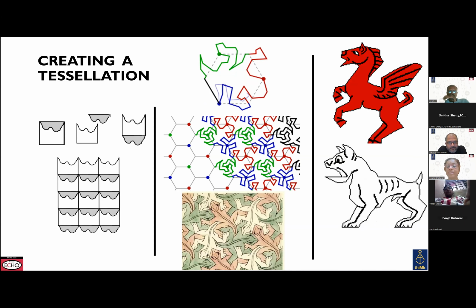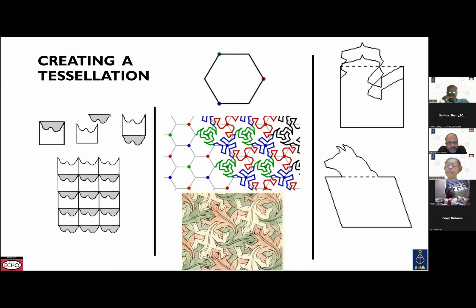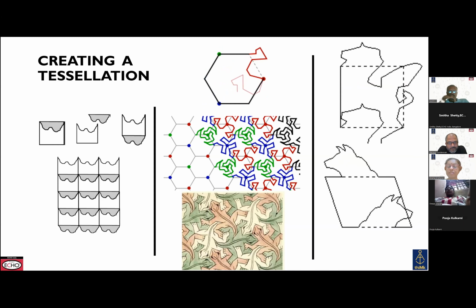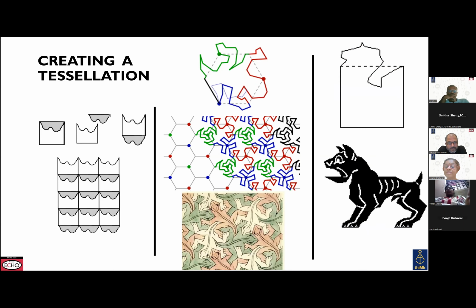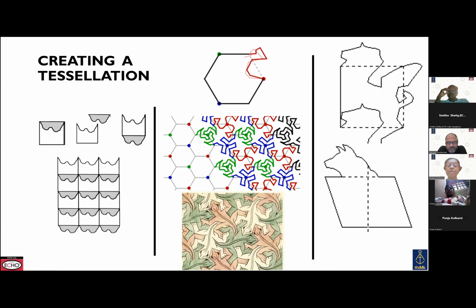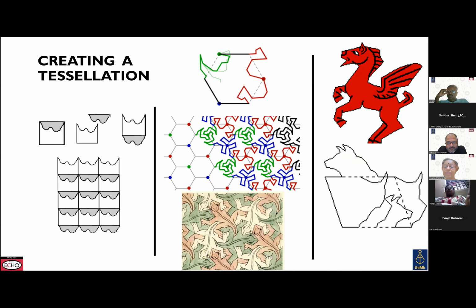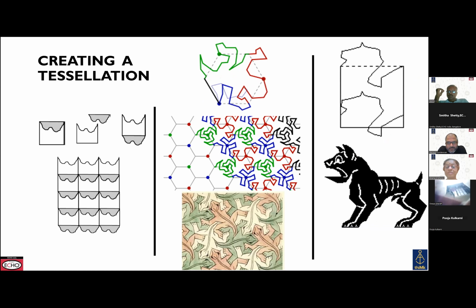Because you start off with a hexagon, it has threefold rotational symmetry, 120 degrees, right? And then on the right, you can see how if you start off with a square or a parallelogram, you can create these tessellations involving horses, flying horses, or barking dogs.